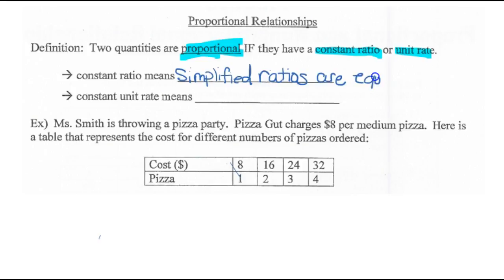I'm running out of room. What does that mean? That means something like 8 over 1 is equivalent to 16 over 2 is equivalent to 24 over 3. Because if you reduce either of these, you then get 8 over 1.